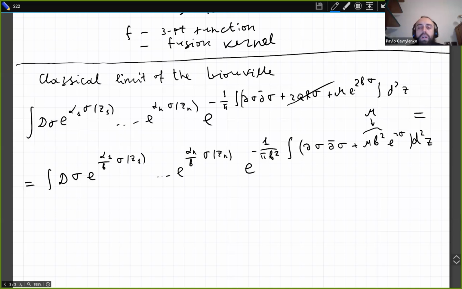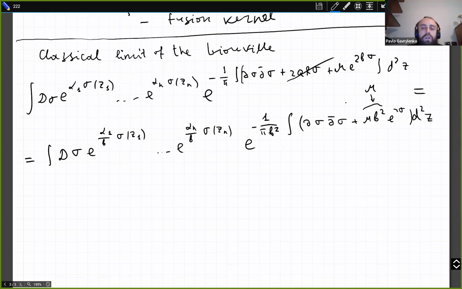This mu can be made 1, it can be made any number by just shifting sigma by some constant. So let us say that it is mu, but the observation here is that this action scales like 1 over b squared, and now we should decide something about these exponentials, which are in the prefactor.